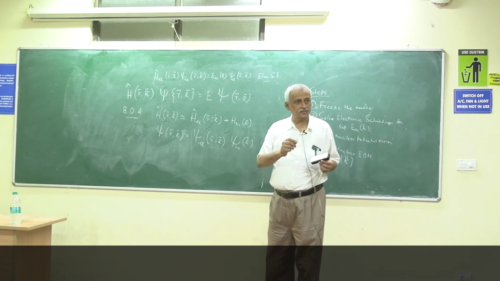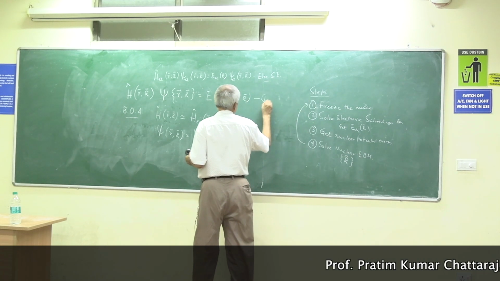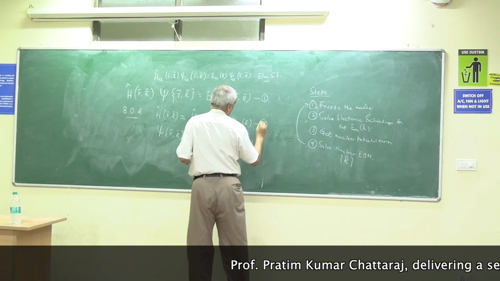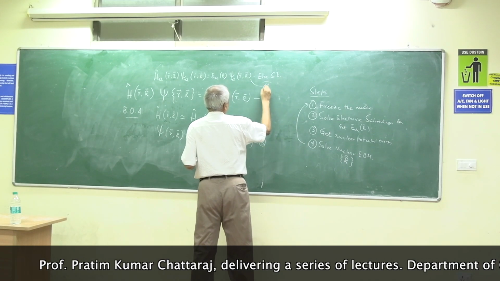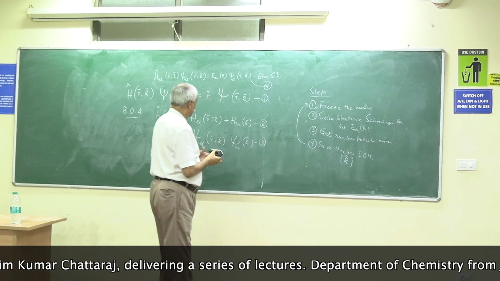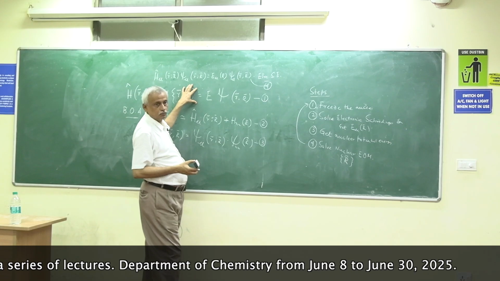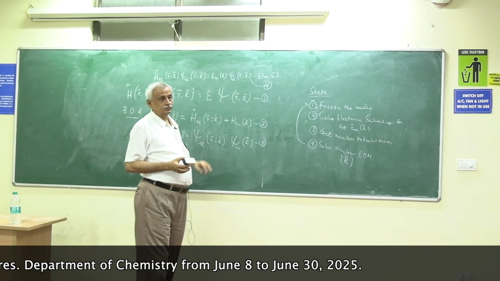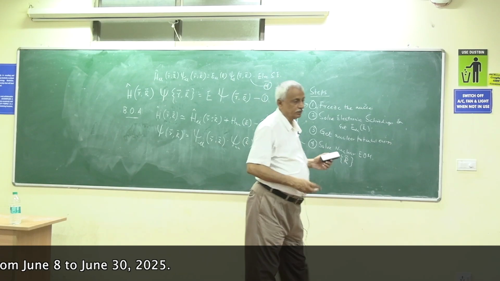I am giving you some exercise. So these are your equations 1, 2, 3, 4. First, you substitute 2 and 3, put it here in equation 1, and see what you get.